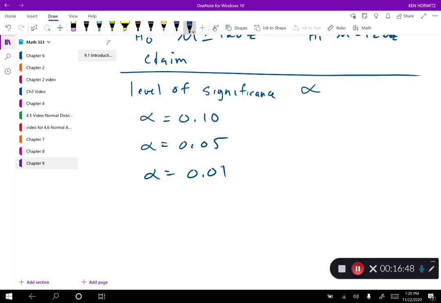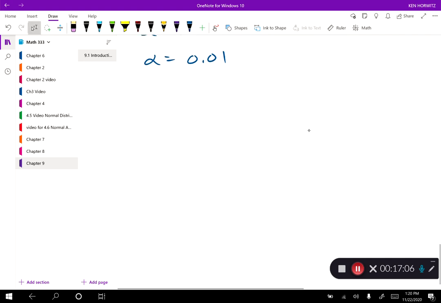We are going to wind up with z-scores for each of these, but we're not going to just simply have three typical z-scores, because it depends what type of test we're doing. There are three types, and I'm going to talk about them briefly right now.